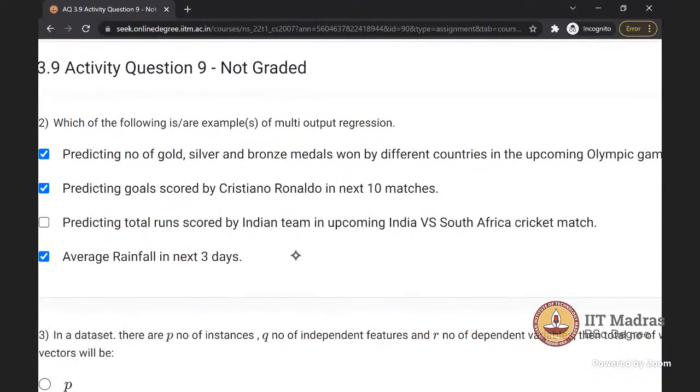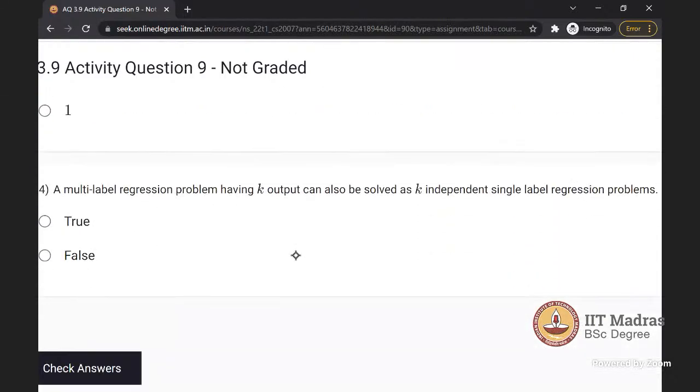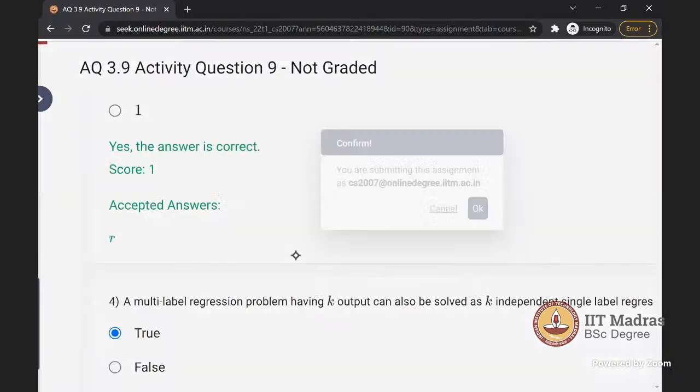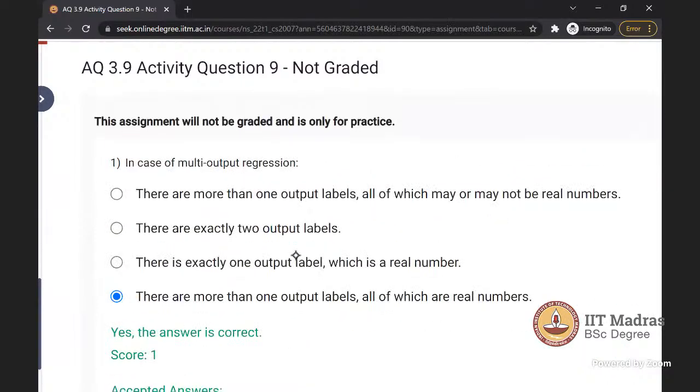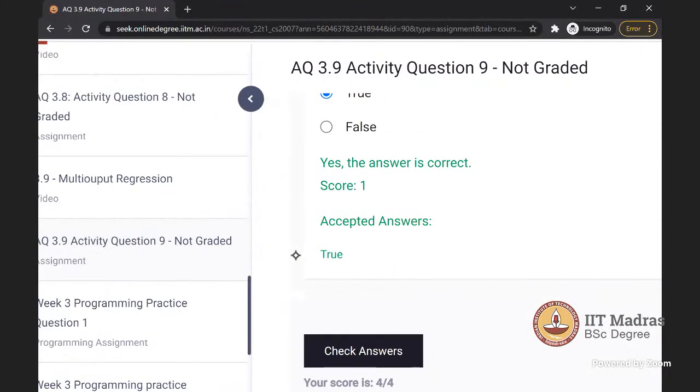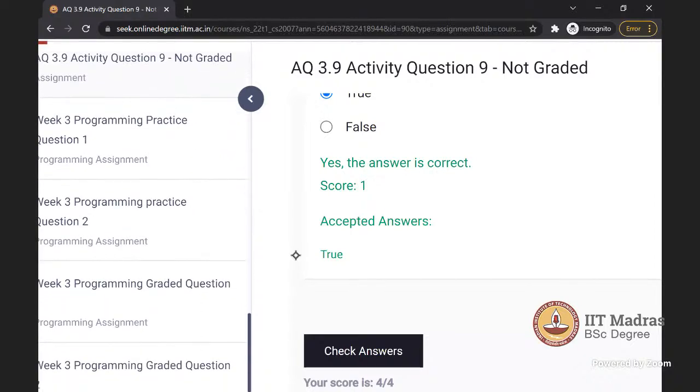So instead of posing this problem as a 3 output variable problem, what we can do is we can create 3 single label regression problems, right? One will predict number of gold medals. The second one will predict number of silver medals, and third one will predict number of bronze medals. So yes, the answer should be true. Let's check the answers. I think yes, all of them are right. Questions so far?